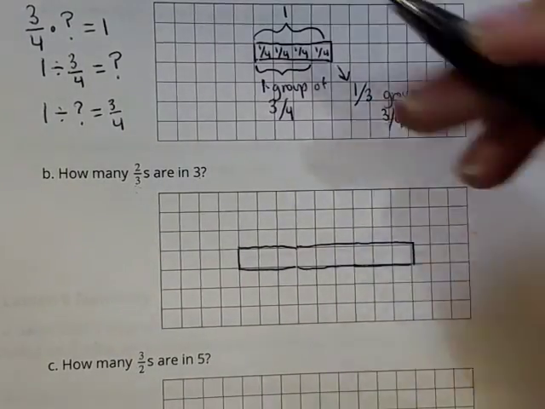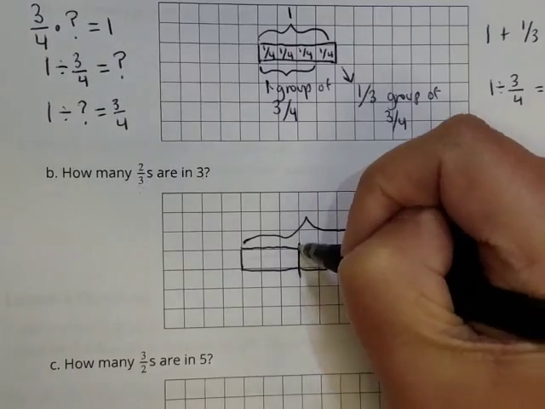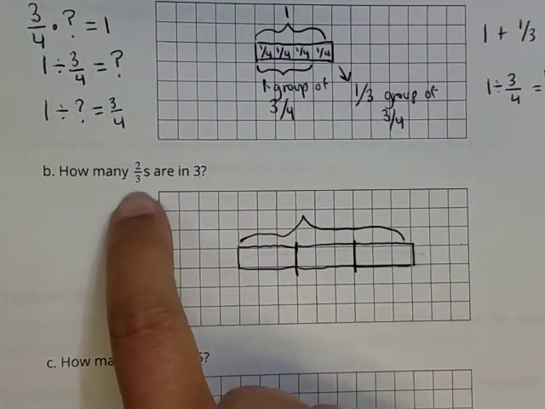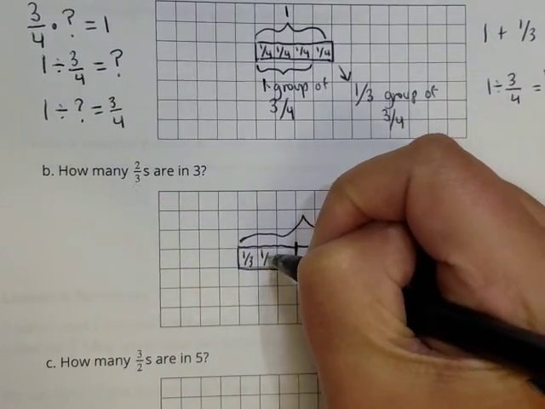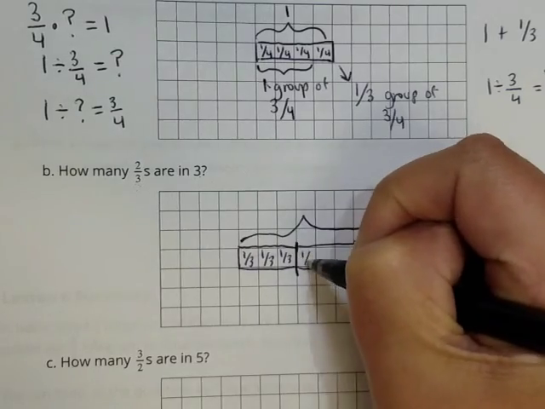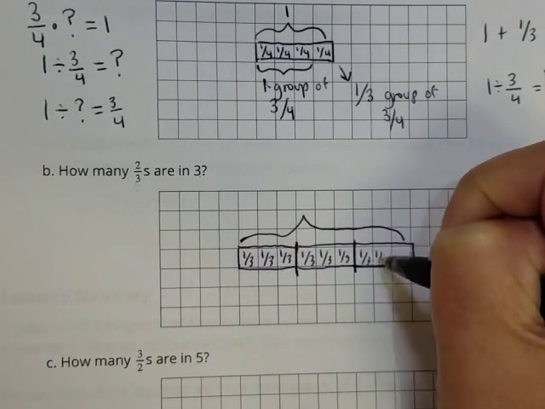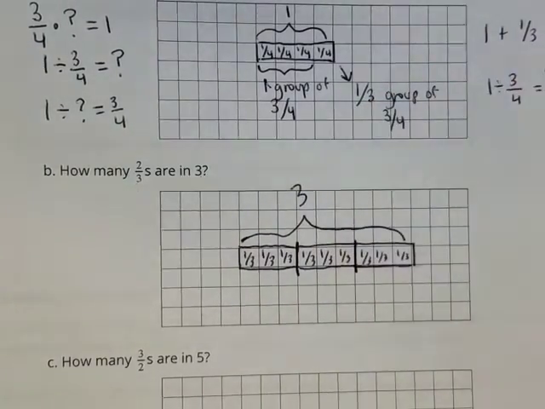So all of that is 3. I'm going to show that by drawing some lines right here. So that counts as 1, that counts as 1. I did that because these are the size pieces I want. So nine 1/3s. That's 9/3, which is 3.